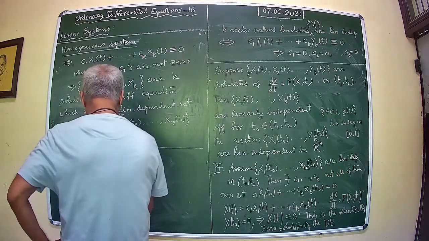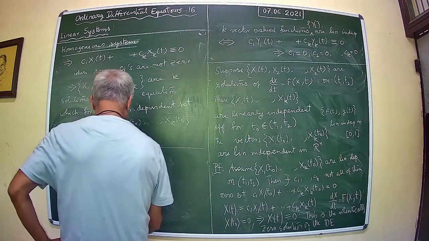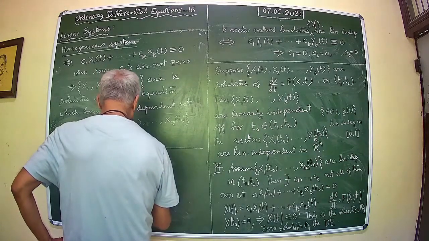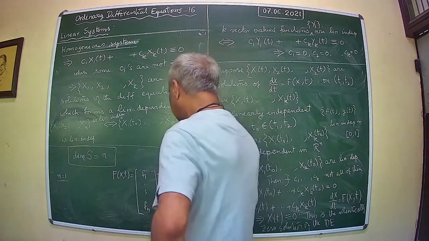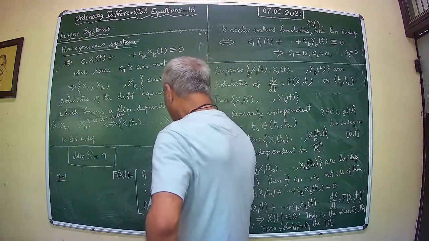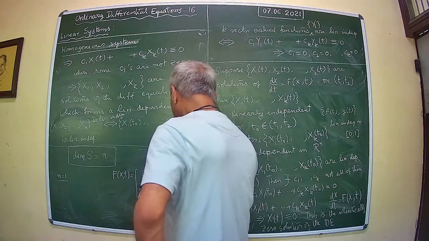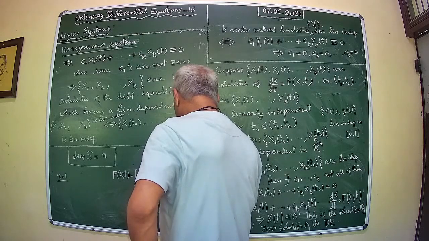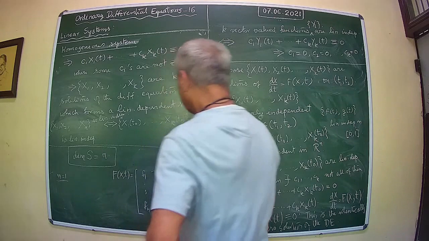Suppose I have f of x, t, with components f1 to fn, and this is equal to a sum over j of aij t xj.